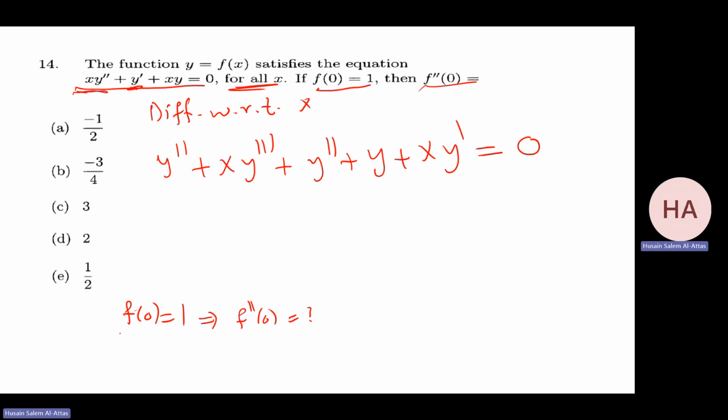If I substitute x equals 0 and y equals 1 and plug it here, what will you get? y double prime plus x y triple prime plus y double prime plus y plus xy prime.